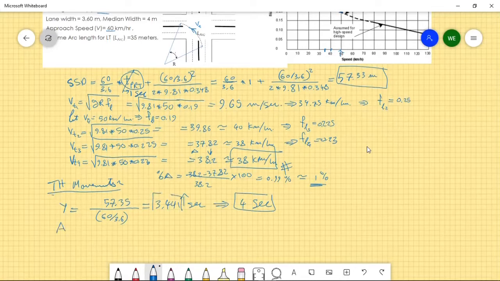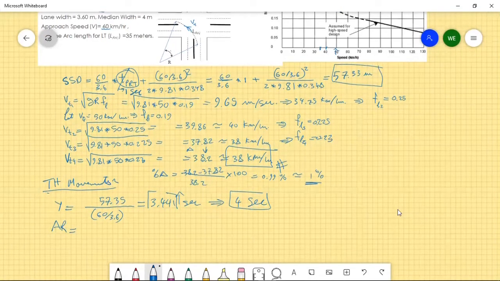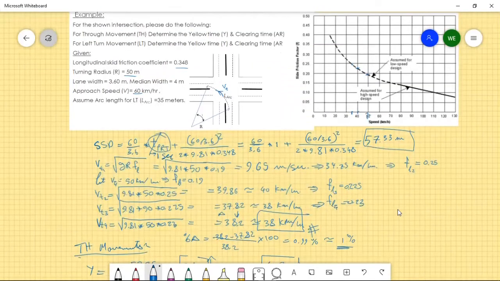Then the all red. It says that the passing distance is the width plus the length of one vehicle. So in our case here, what we got? We got the intersection with one lane, second lane, third lane, fourth lane, and there is a median in between. So basically we have lane width 3.6.